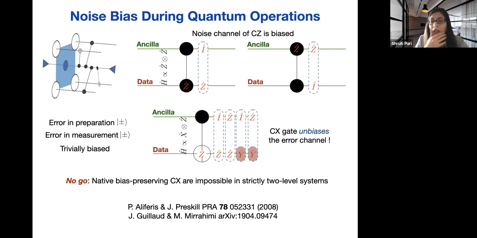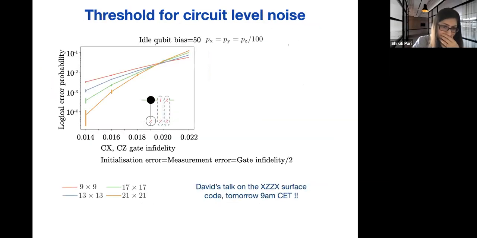And let me now quantitatively give you an example of why it is important to have a CX gate which preserves the bias. So what we do is we take the XZZX surface code, we take the decoder that these guys developed at Sydney, and we look at the logical error rate versus the infidelity in the CX and CZ gate.